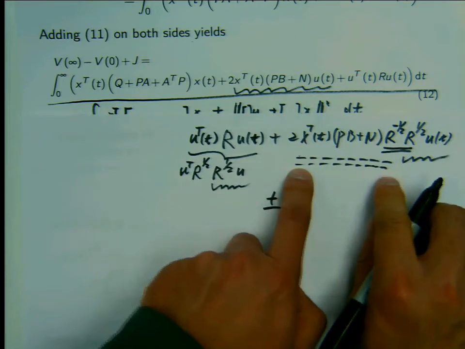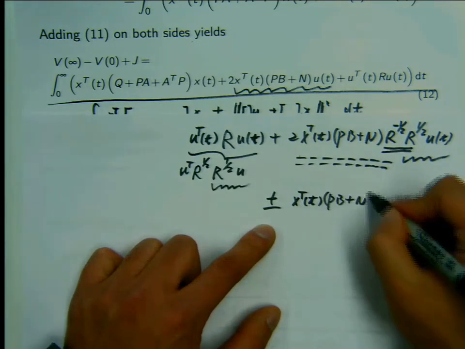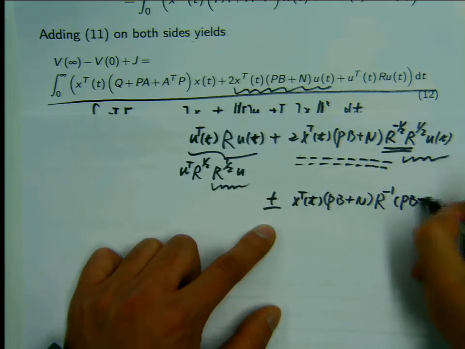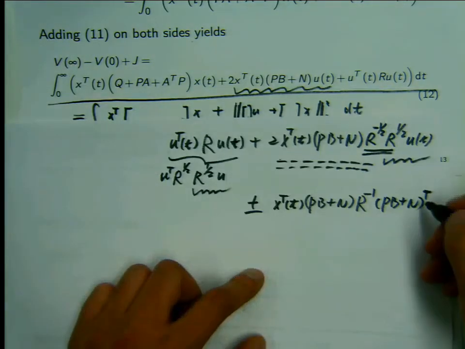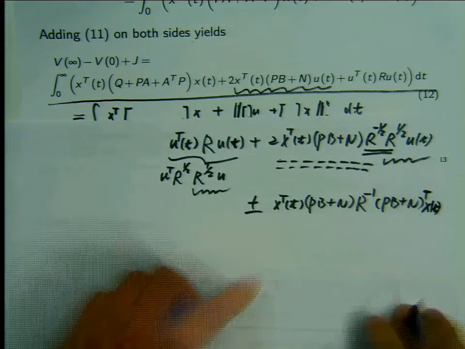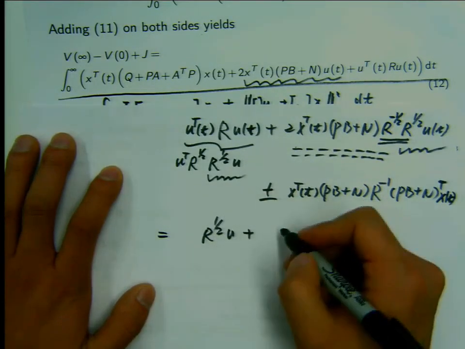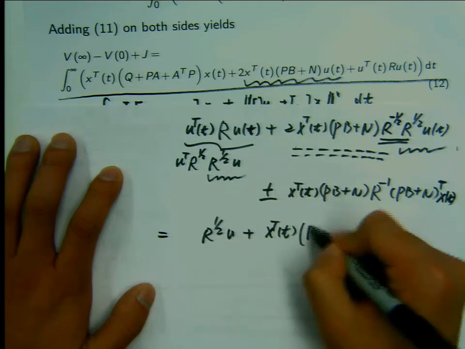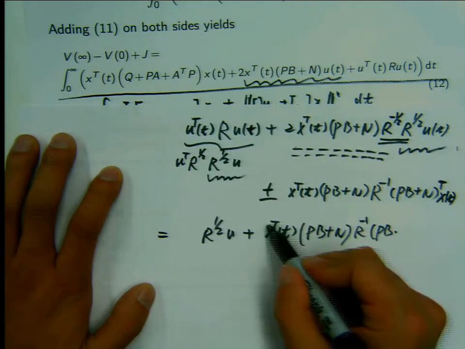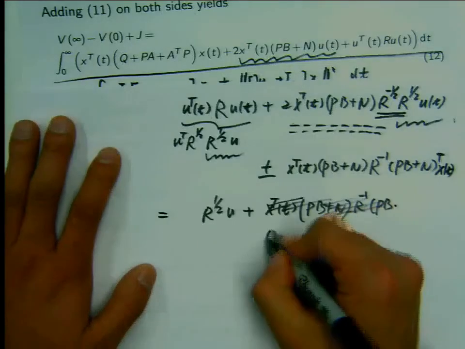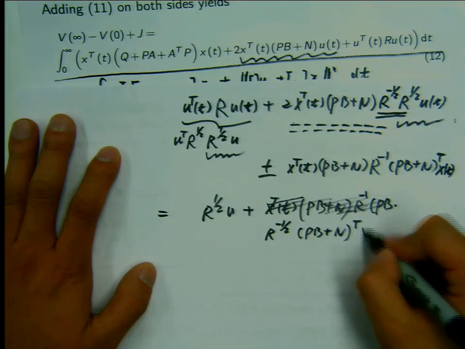If I add and subtract the square term of this guy, which is x transpose t pb plus n R inverse pb plus n transpose, and then x, I'm going to get exactly the square root of R plus x transpose t pb n R inverse pb, the square root of this term, pb plus n transpose x t.